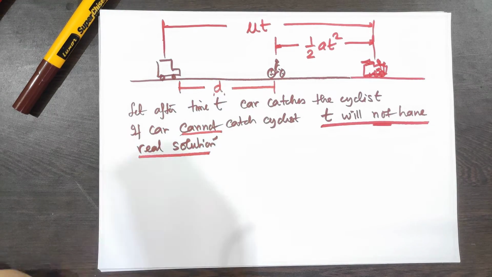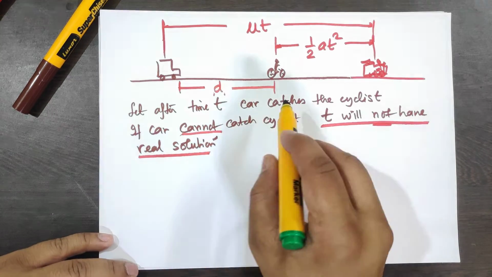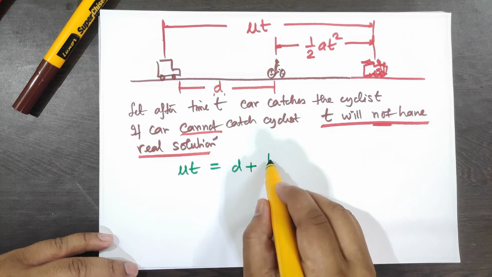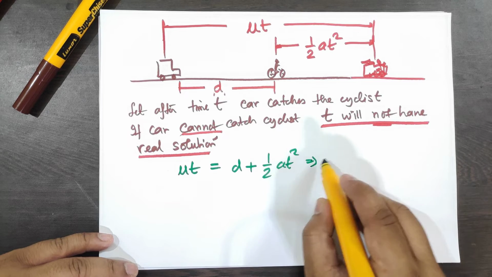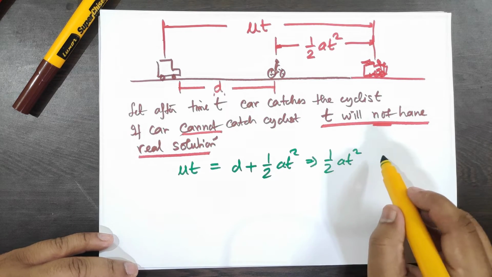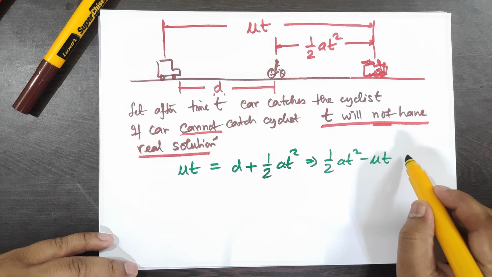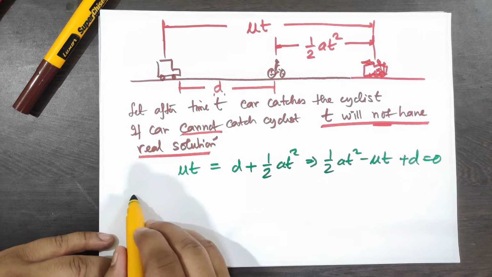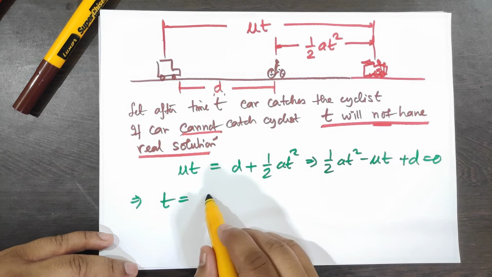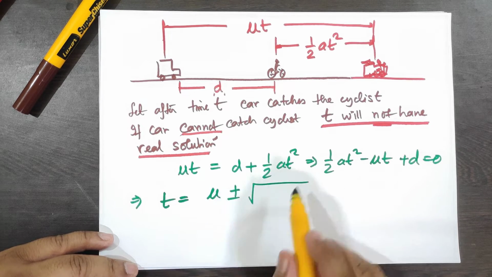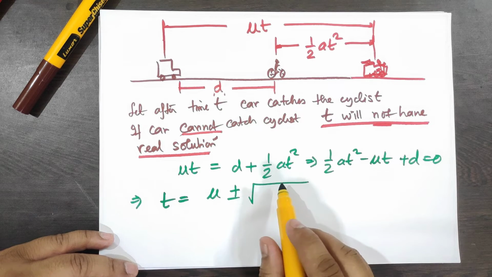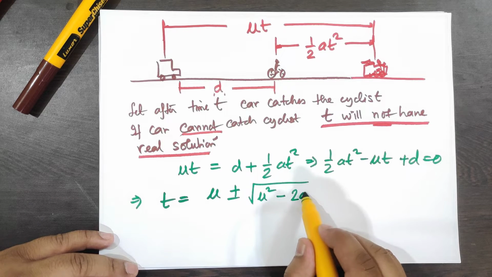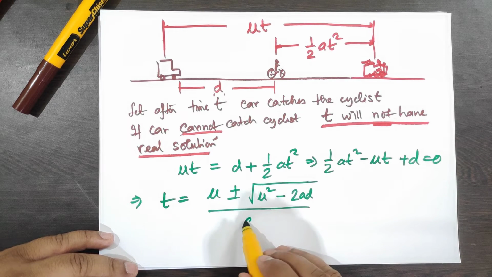It is done in the diagram itself: ut equal to d plus half a t square, implies half a t square minus ut plus d is equal to 0, implies t equal to minus b plus minus root over b square minus 4 and then 2ad by a.